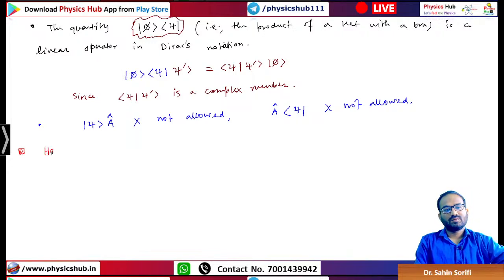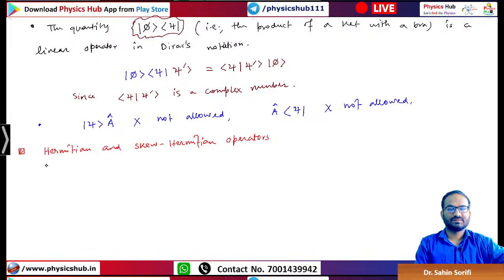Let us now talk about Hermitian and skew-Hermitian operators. Many of the terms will be very similar to what we have learned in matrices in mathematical physics.